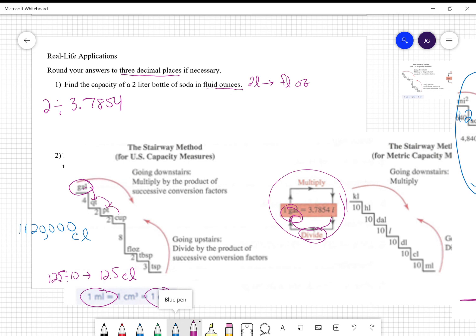So I'm going down. I'm going to multiply by 4, 2, 2, and 8. I get 67.628 fluid ounces.